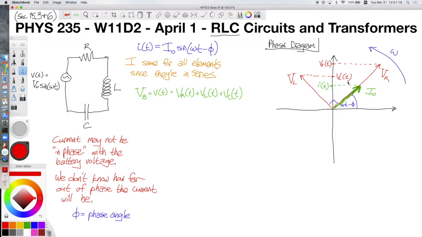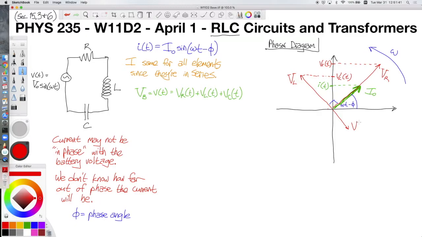And as we know from the ice portion of our Eli the Iceman mnemonic, for a capacitor, the current peaks before the EMF across that capacitor, which means that our capacitor voltage will be down here. Let me draw that arrow a little bit shorter for reasons that'll become apparent later.